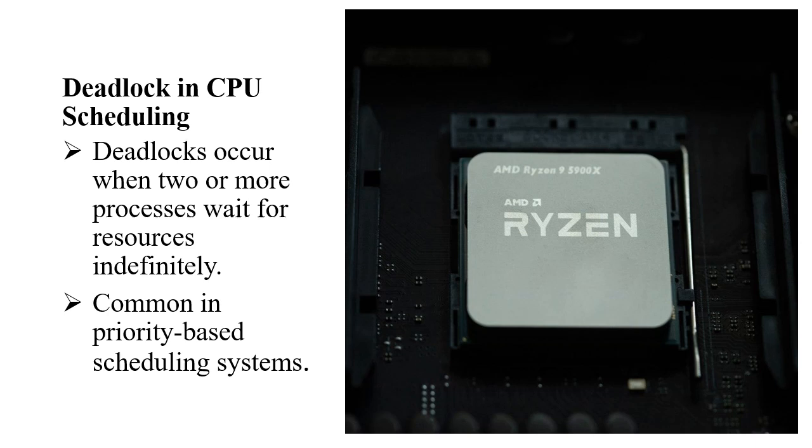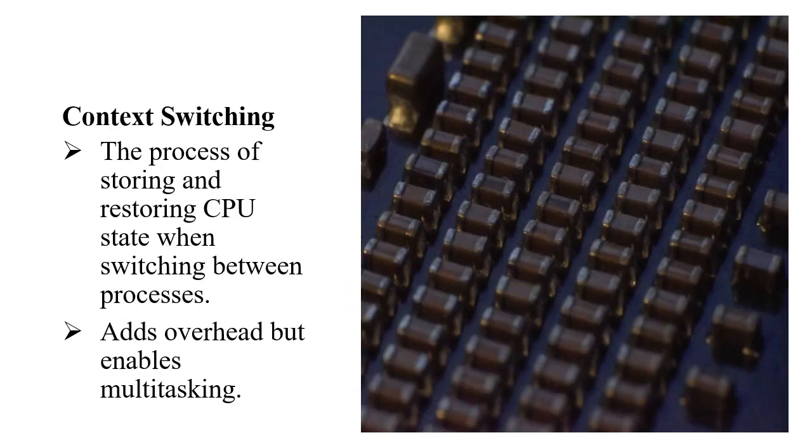Now let's see what is context switching. Context switching is the process of saving and restoring the CPU state when switching between the processes takes place. It is essential for multitasking, allowing multiple processes to share CPU time. However, too many context switches can slow down the system due to overhead.